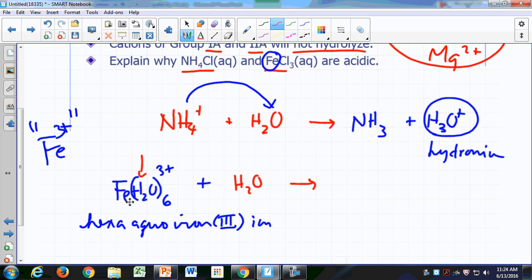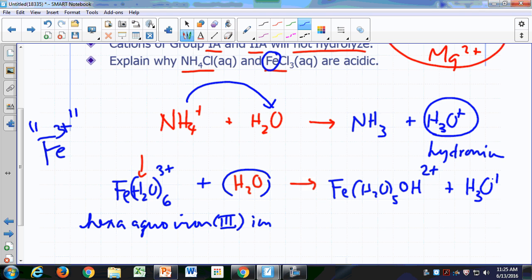So that leaves behind Fe with H2O, 5 water molecules remain intact. One of those water molecules is now just going to be an OH, and the whole thing will now have a charge of +2 because an H+ has left. And that H+ attaches itself to this water molecule here, and that gives you a hydronium ion.